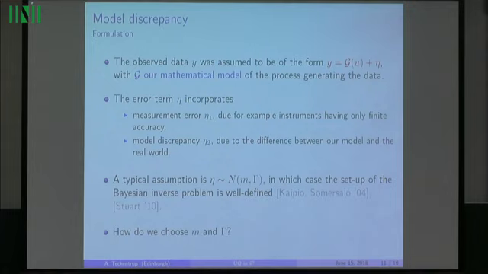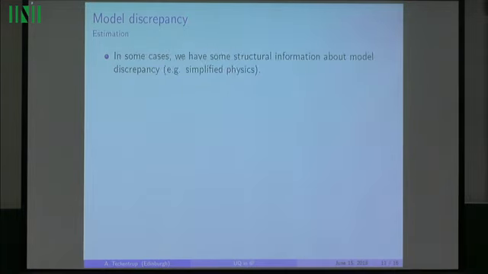The question is then, how do we actually choose the m and how do we actually choose the gamma? The eta here is supposed to incorporate these two errors. So how would we actually choose the m and the gamma such that it does actually represent those two errors? That's actually a very difficult question.